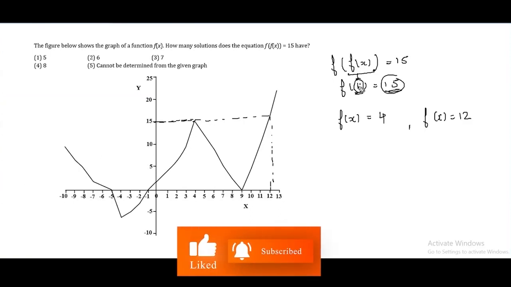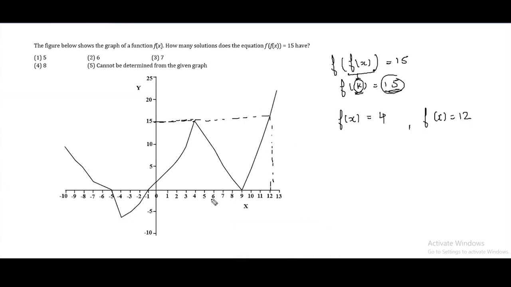Let's say it is k. So I replace f of x with k. So what is that k? That k is either 4 or k is 12. What is k? K is nothing, it is f of x. So f of x should be 4 or f of x should be 12.